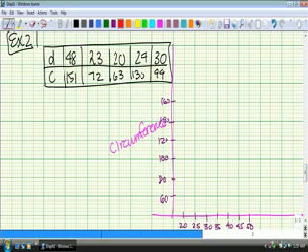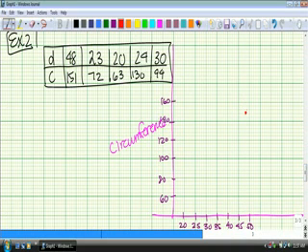Notice I didn't count by the same thing on the X or Y axis. That doesn't matter. As long as you don't skip any numbers on your vertical axis, you count by the same thing. Alright, then I put my points. So when D is 48, what is C? 151. So I'm going to put my point 48, 151 is about right there.